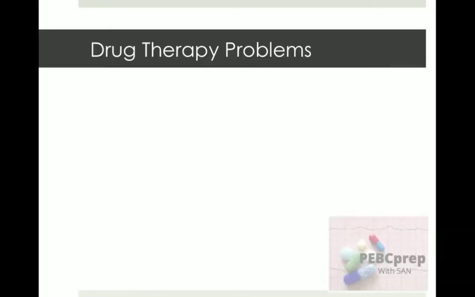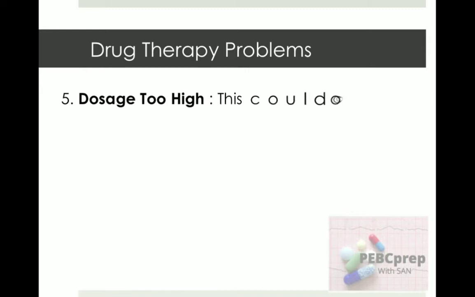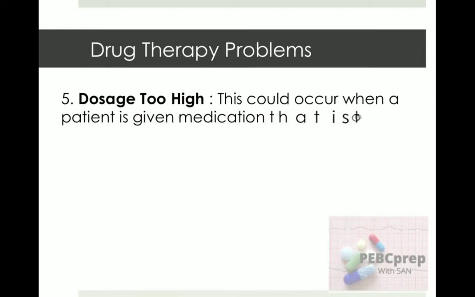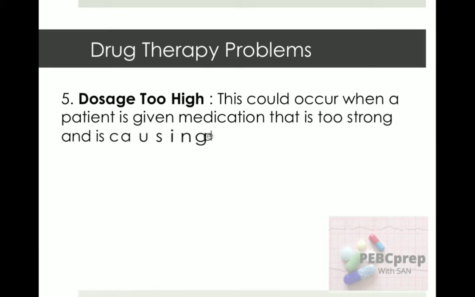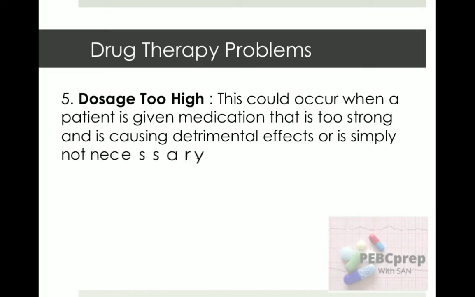The other, similar to category 4, is dosage too high. This could occur when a patient is given medication that is too strong and causes detrimental effect and is simply not necessary.